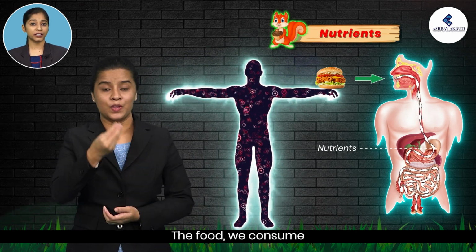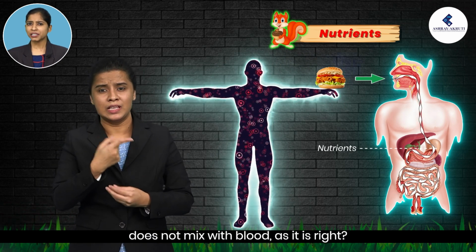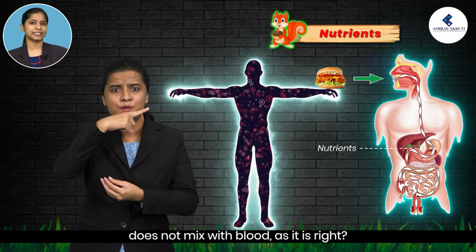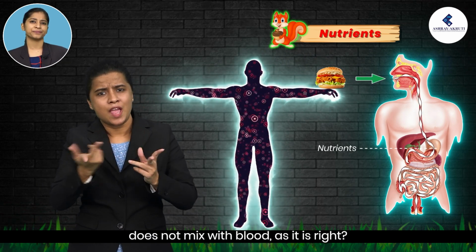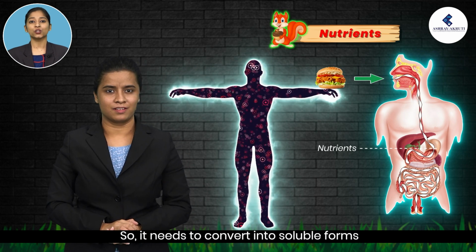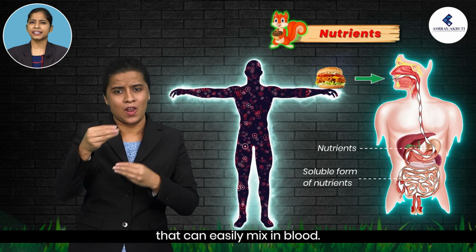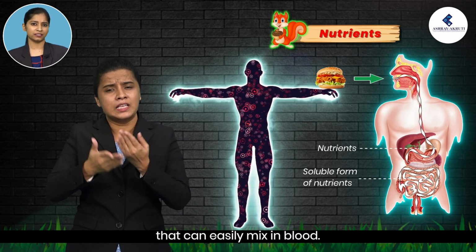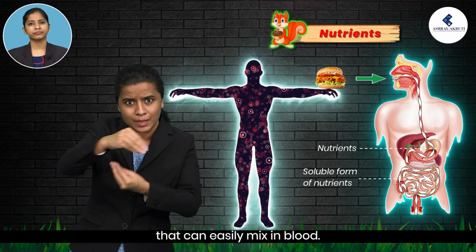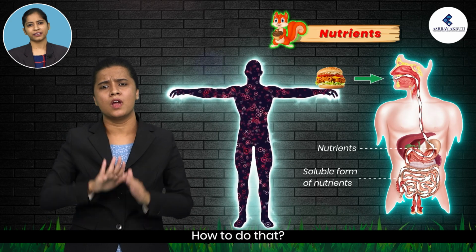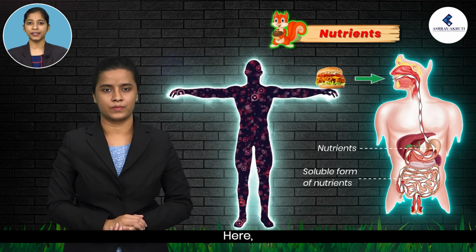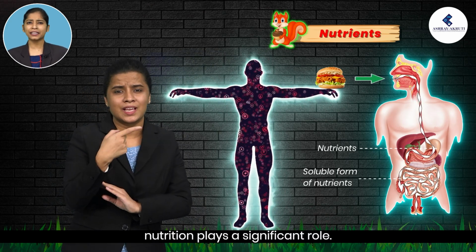The food we consume does not mix with blood as it is, right? So, it needs to convert into soluble forms that can easily mix in blood. How to do that? Here, nutrition plays a significant role.